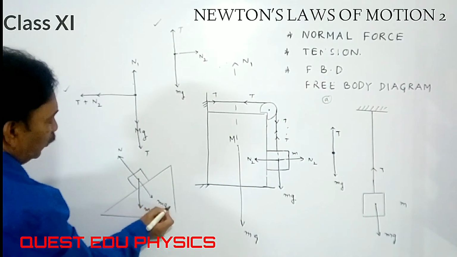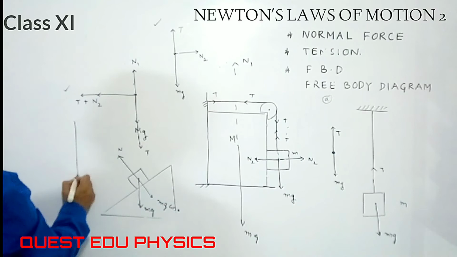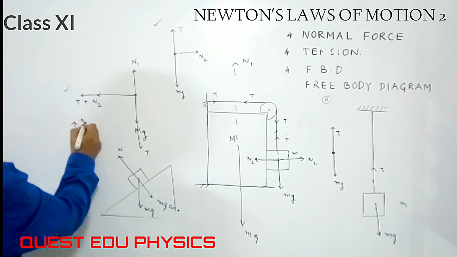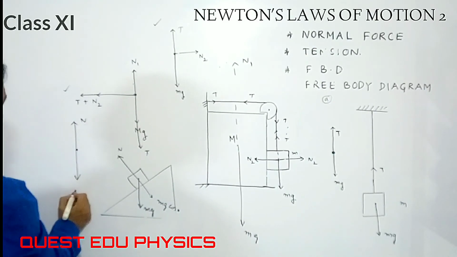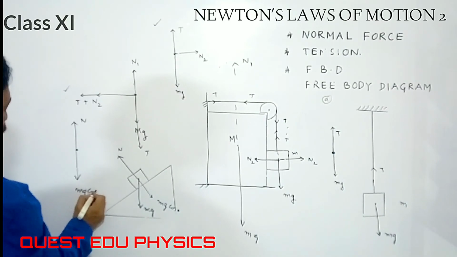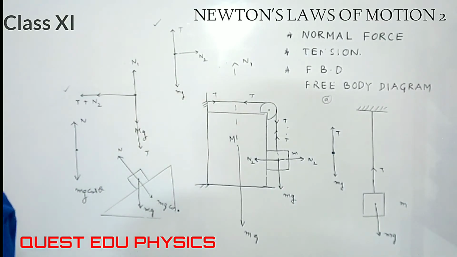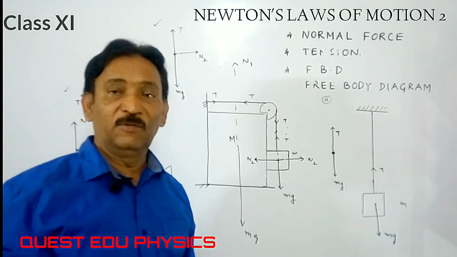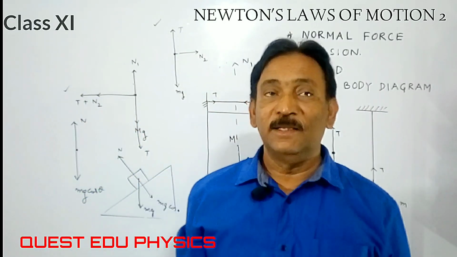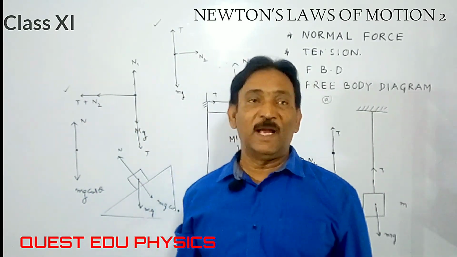Obviously it is mg cos theta. That means if we draw, it is the normal reaction and it is mg cos theta. In this way you can draw the free body diagram, students. I hope you understood what the free body diagram is. It is the representation of the forces acting on the body.